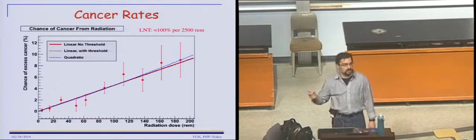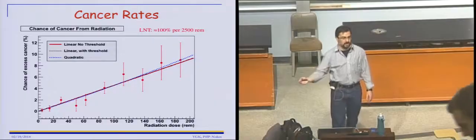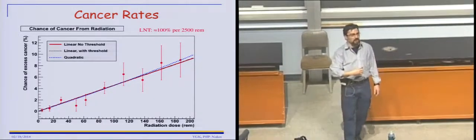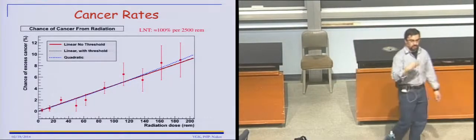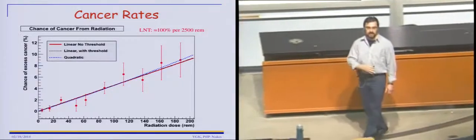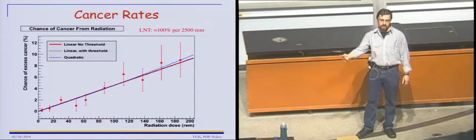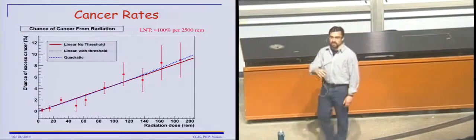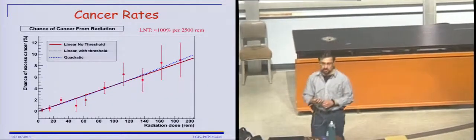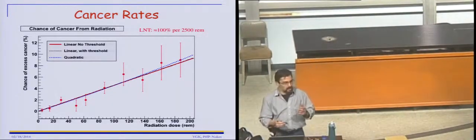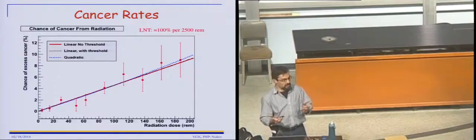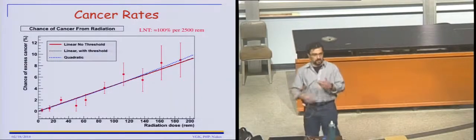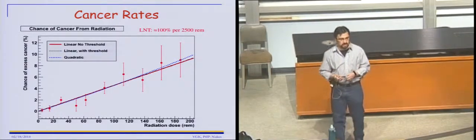So what happens at the low end is, in some sense, again, a hypothesis, an estimate. And the most conservative estimate from the point of view of protecting the public is to assume that no amount of radiation is safe. Whether this is true or not is subject to debate. One can make models where small amounts of radiation can be recovered, reprocessed by the body.